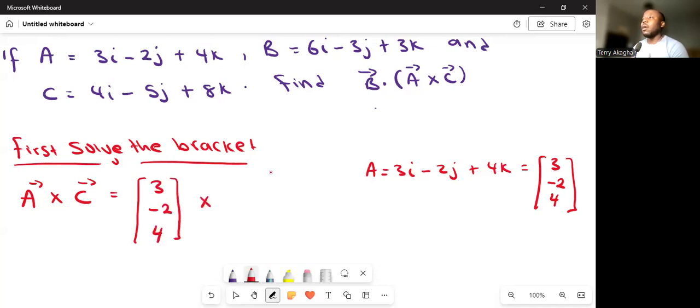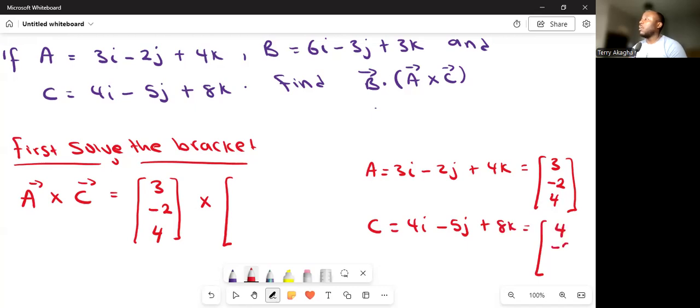Now multiplied by C, which is 4i minus 5j plus 8k. So it's going to become 4, minus 5 and 8.